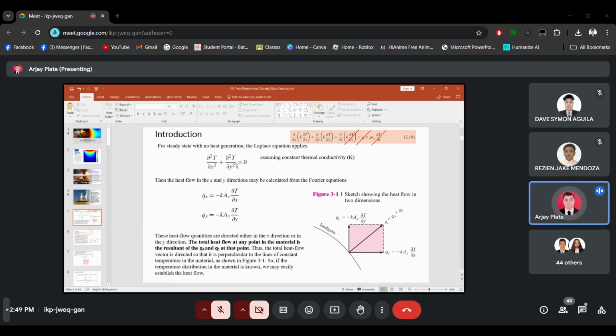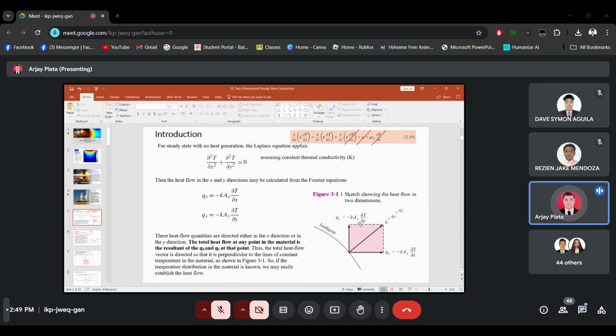So we can simplify this equation by Fourier's law. We all know that the formula for finding the Q, or the heat transfer, is Qx equals negative kA times the partial derivative of T with respect to x, and Qy is the partial derivative of T with respect to y times kA. By the way, to determine the overall heat transfer rate, we have to get the summation of Qx and Qy.